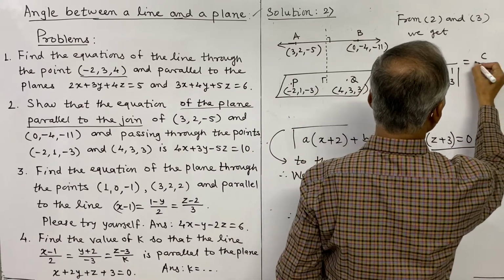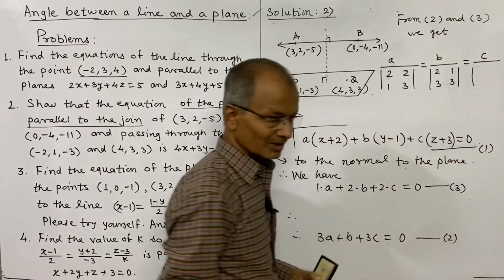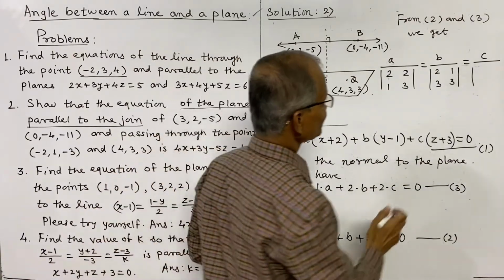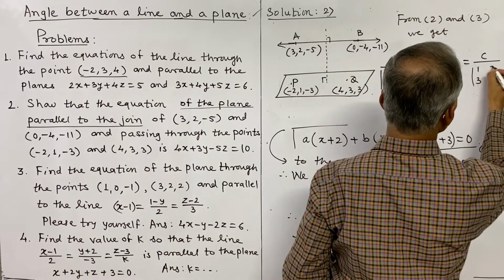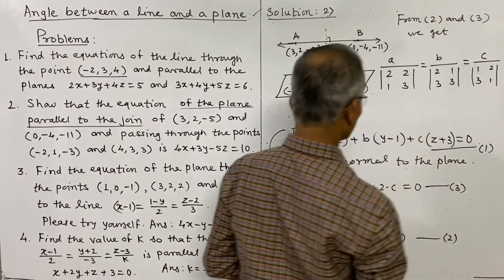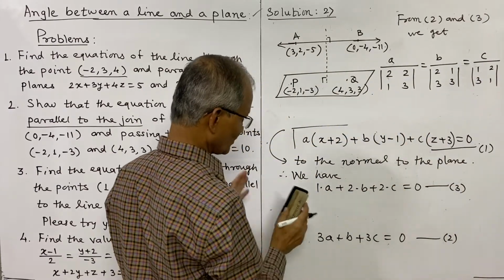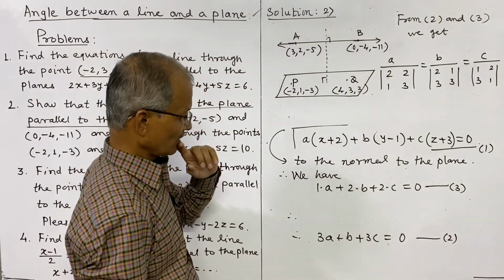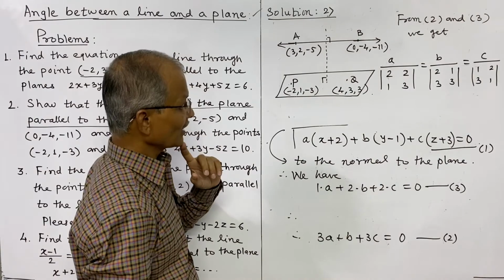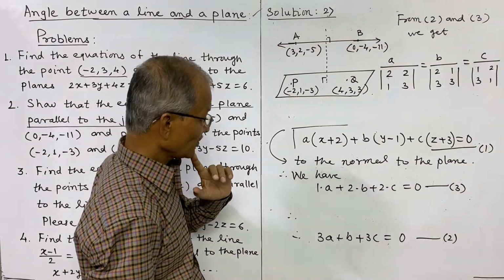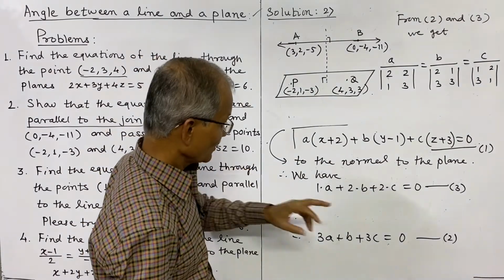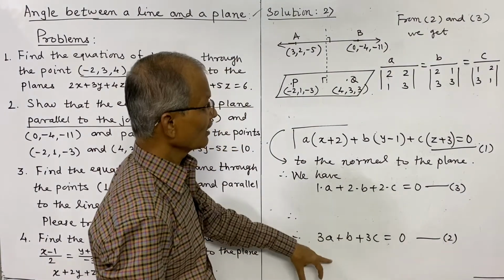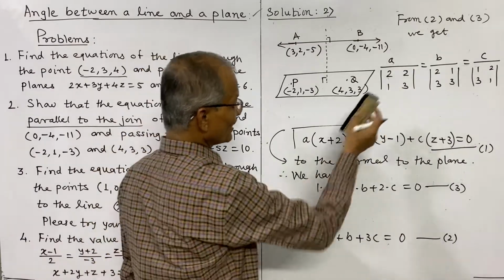We should be careful about doing calculations, and c is 1, 3, 2, 1. So thus we have written these. Now b we have written, yes, it is correct, 2, 3, 1, 3, etc. And so we can find the values of a, b, c.